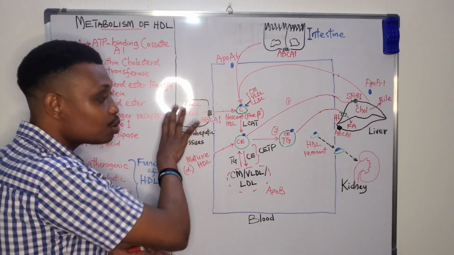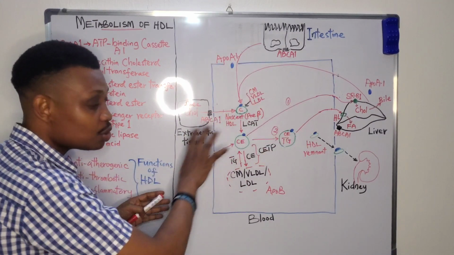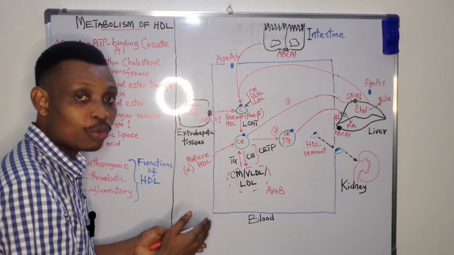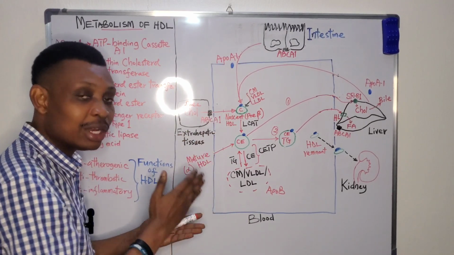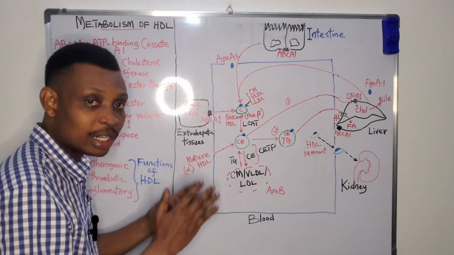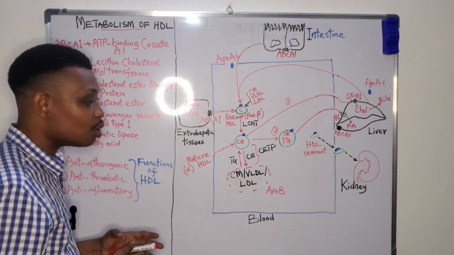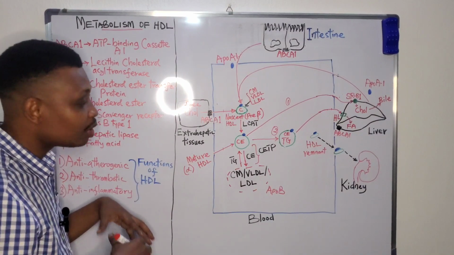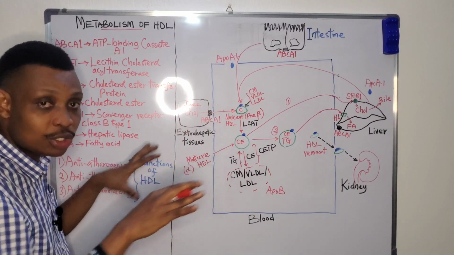So if they are not pushed out of these various tissues into the circulation, sufficient amount of HDL particle will not be produced. It means there will be a low amount of HDL in the blood, and also accumulation of free cholesterol and phospholipids in the various tissues.